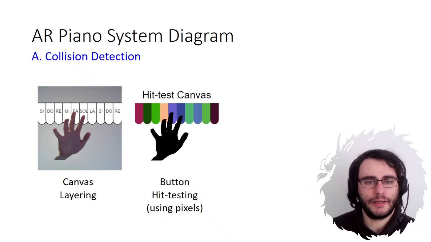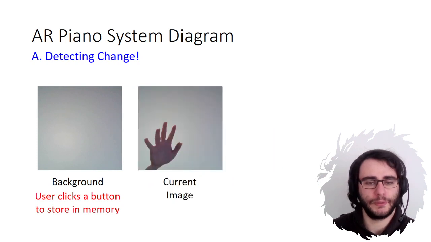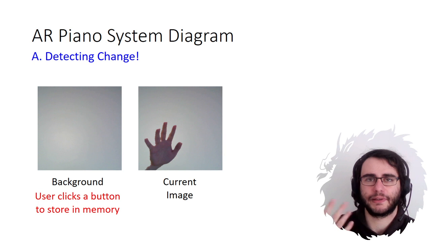So let's go back here, and I'm going to start with this background. I'm going to record the background when we click a button and then compare it with the current image somehow. This is what I'm going to start with.